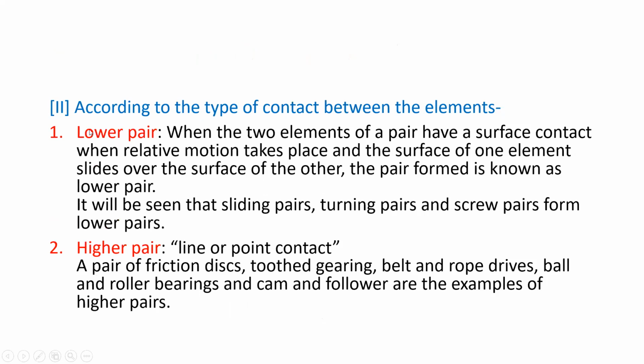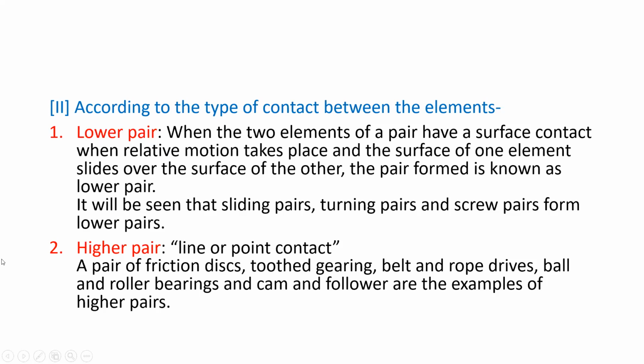Then we went on and classified the kinematic pairs based on the type of contact between the elements. Accordingly, there are two types, lower pairs and higher pairs. In lower pair, you know that there is surface contact between two elements. Their surfaces will rub with each other while they transmit the motion.